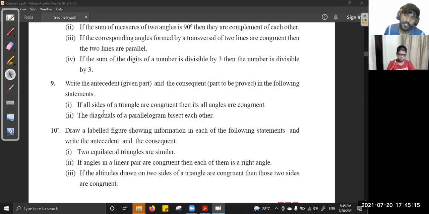So first you have to write it in if-then form. If a quadrilateral is a parallelogram, then the diagonals bisect each other. So your antecedent will be a quadrilateral is a parallelogram. That will be the antecedent. And diagonals bisect each other will be the consequent. Write it down.